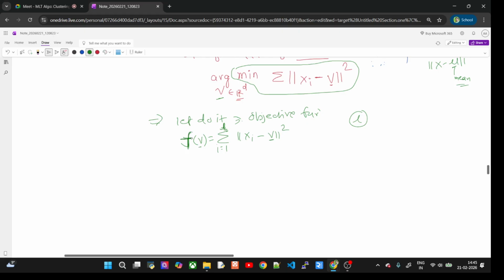How can you write (xi minus v) whole square? For example, (a minus b) whole square is a square minus 2ab plus b square.